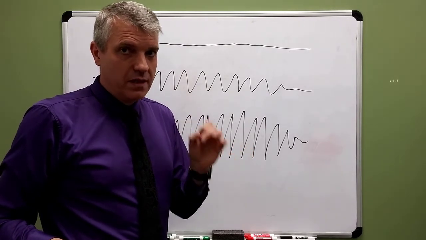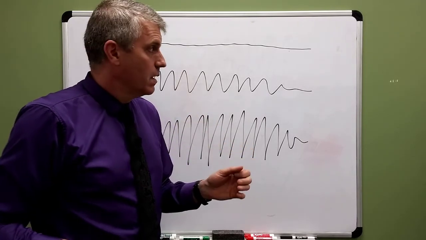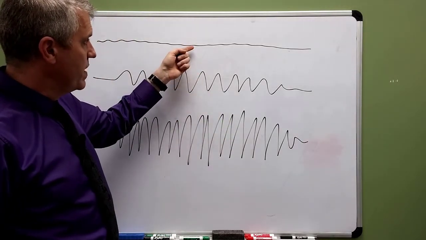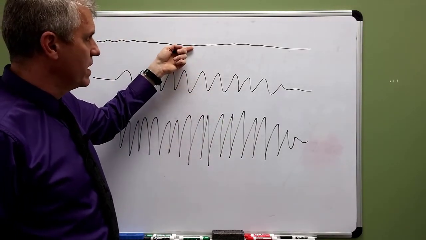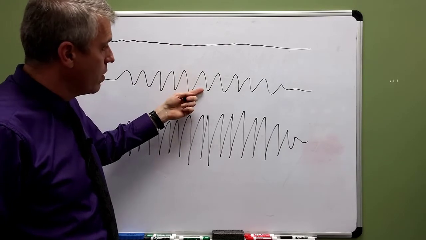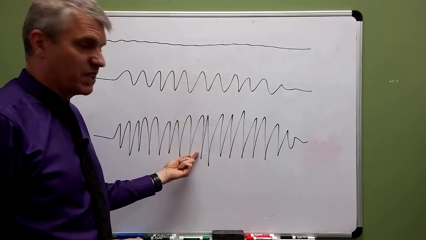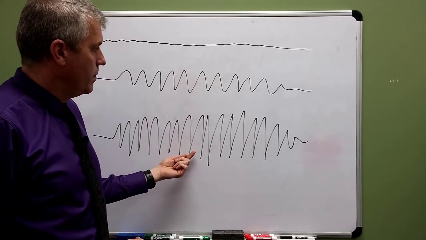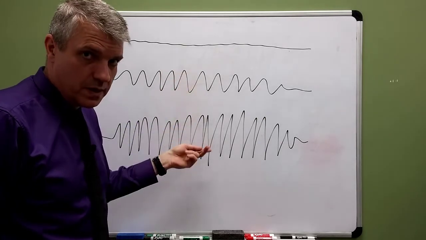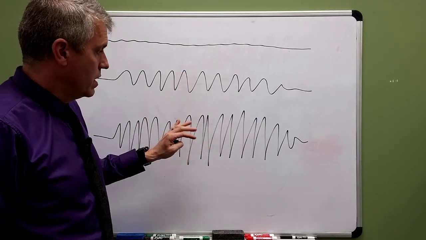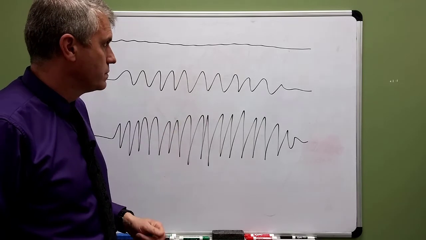thing about this math is it allows us to go from being able to visually say, okay, there's a little bit of electrical activity here, there's more electrical activity here, and there's even more electrical activity here. It allows you to apply numbers to these that you can then use to compare.